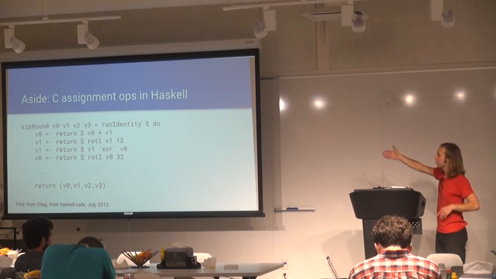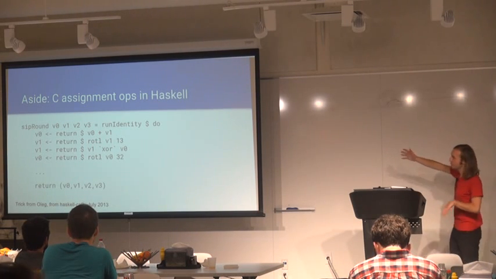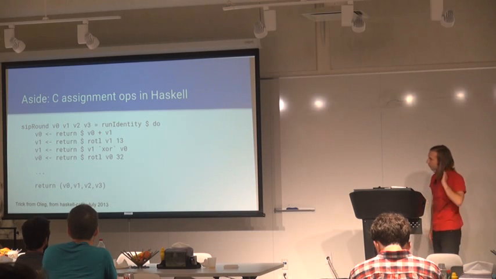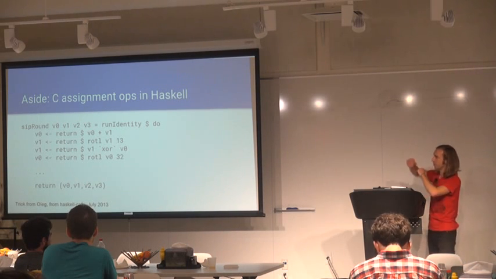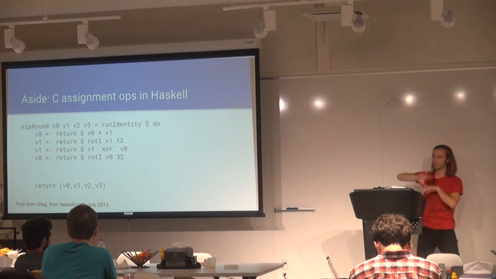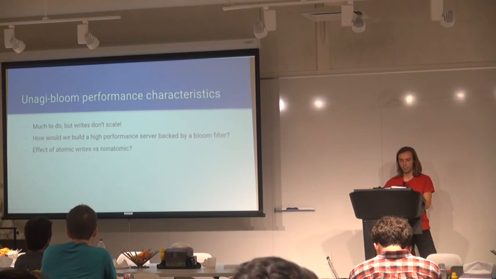You just turn off warnings for name shadowing for this file, and it worked really well. And if you want to do 2 SIP rounds in a row and inline them, you can just copy and paste, and it all just works. It was great. I'm almost done.